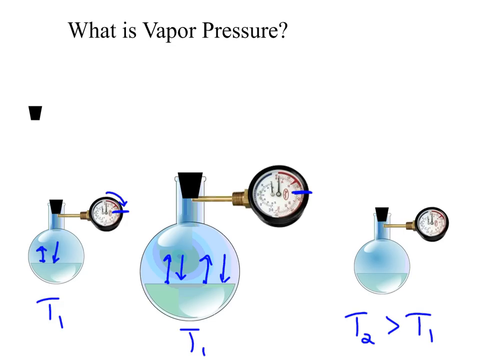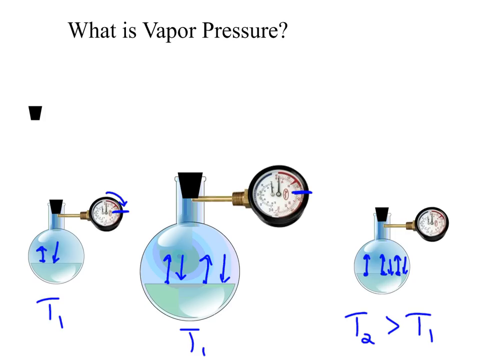One, at a higher temperature, a greater number of the particles on the surface are going to have enough energy to overcome the attractive forces and escape into the gas state. Once they're up there, they're at a higher temperature, so they're going to bump around with more pressure. But again, some of them will lose energy and drop back down into the liquid state.